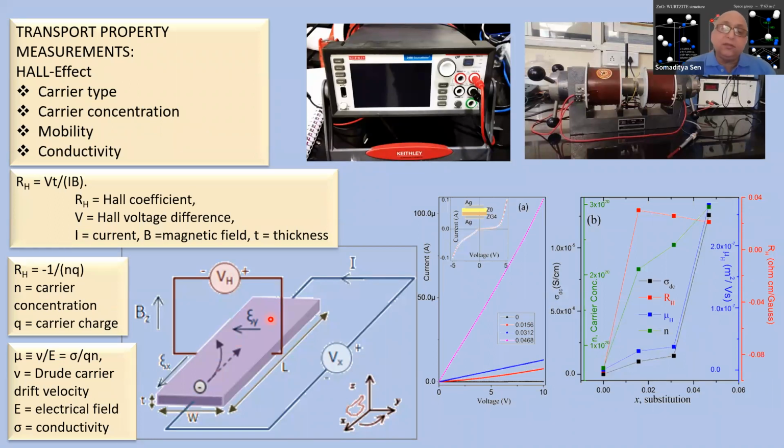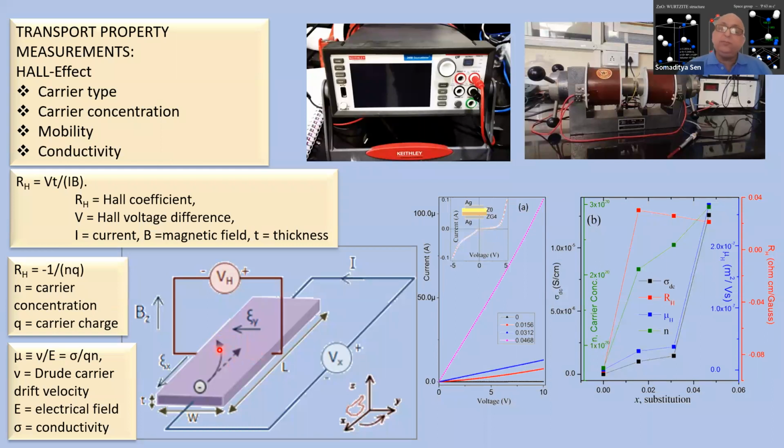Now, the current is along one direction, and if you apply a magnetic field in this direction, then what you will find is there will be a Lorentz force acting on these carriers, and there will be a deflection due to the Lorentz force. The deflection will deflect the particles along this direction.